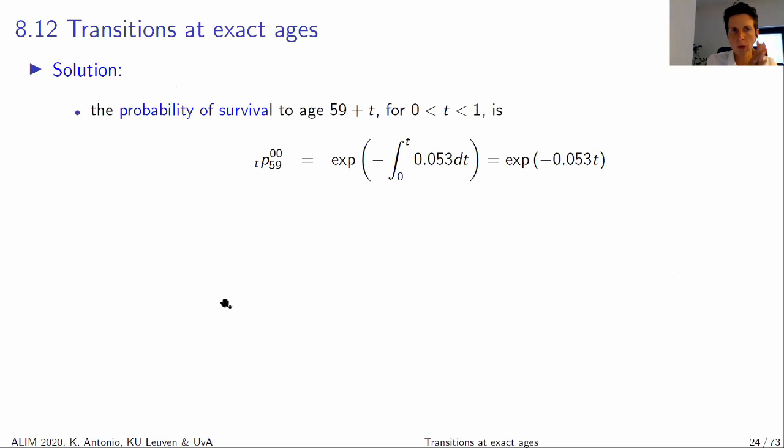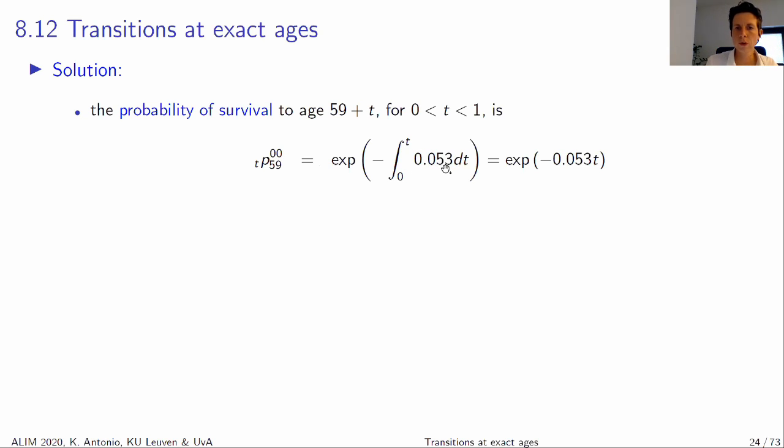First of all, we're going to ask what is the probability of survival to an age 59 plus t, let's say, where the t is between 0 and 1. So if you look at the probability of surviving here, it's the probability to stay in state 0. So what I'm going to do is take the exponential of minus the integrated total force of decrement.